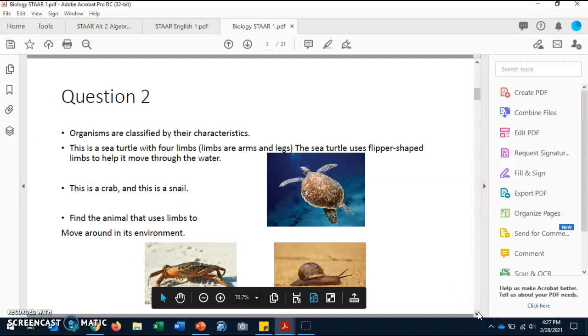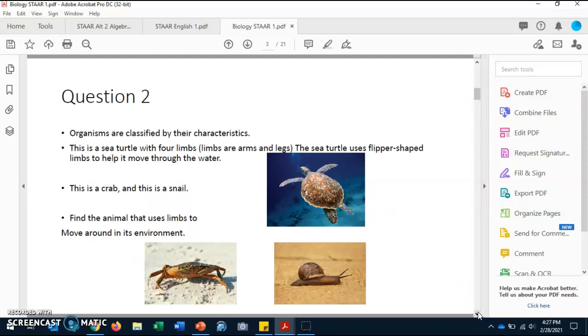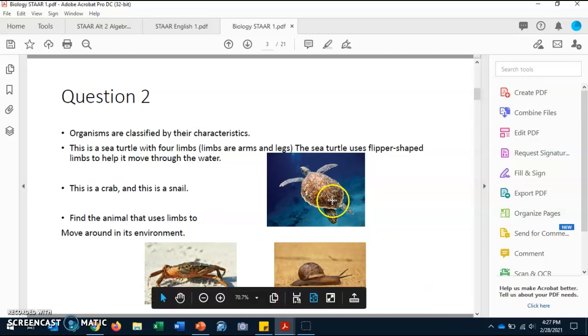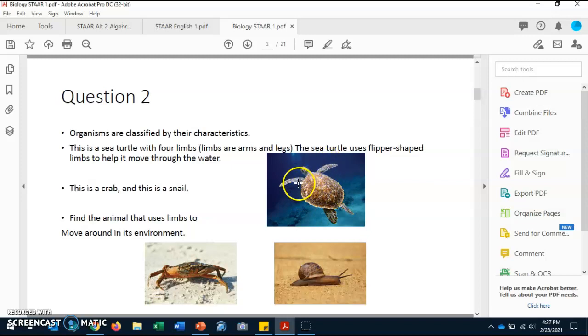And now question number 2. Organisms are classified by their characteristics. This is a sea turtle with 4 limbs. There's 2 on the top and 2 in the bottom. The sea turtle uses flipper-shaped limbs to help it move through the water.